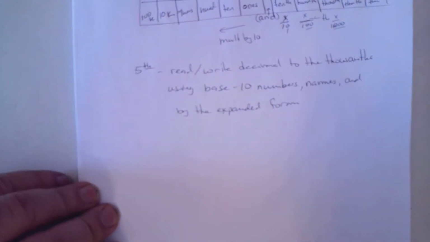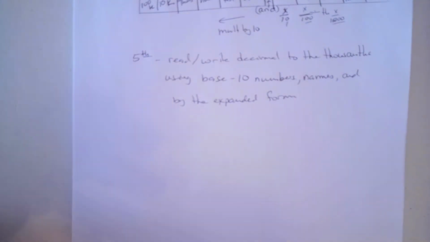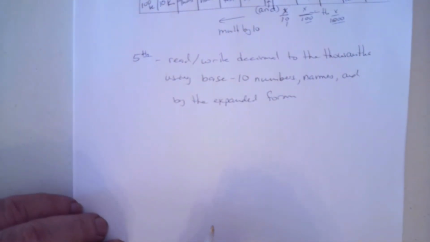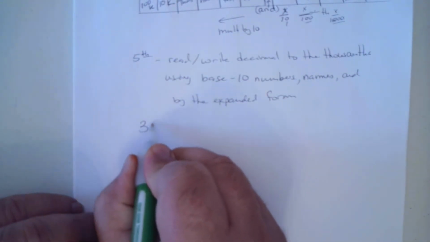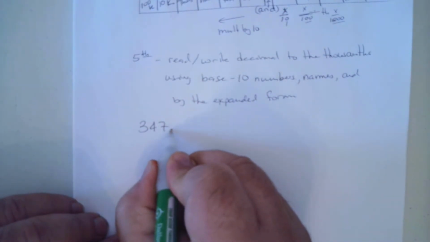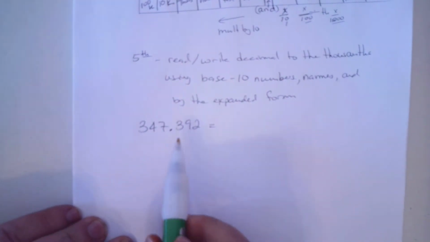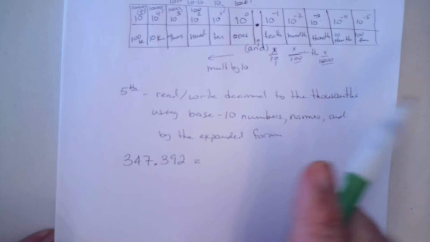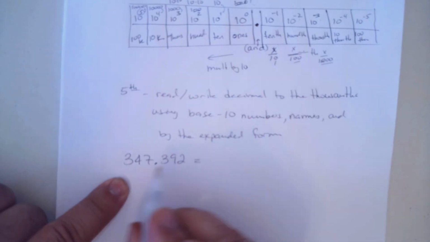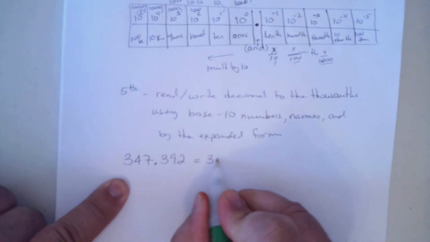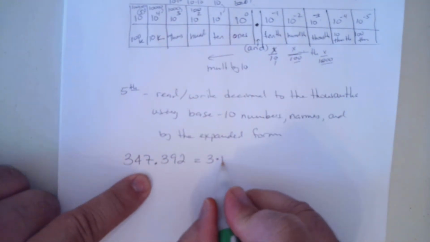The expanded form is pretty interesting. It's actually how we really used to write numbers when we first in school many decades, centuries ago. The number 347.392. Each one of these numbers are represented by these locations we have here. Remember, there's a decimal. So the first one is 3. This one is 3 times, since it's in the 3rd place, times 10 to the second.